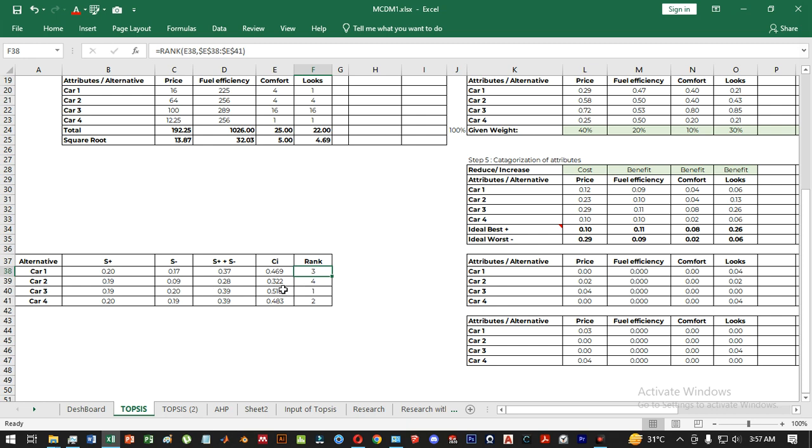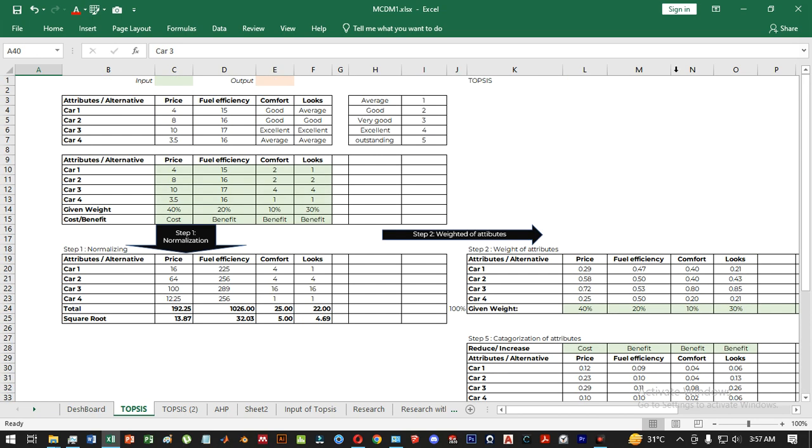So we can clearly see that car 3 is ranked 1. So the feasible solution is car 3. If we want to buy a feasible and the most efficient car, then we have to buy the third one.